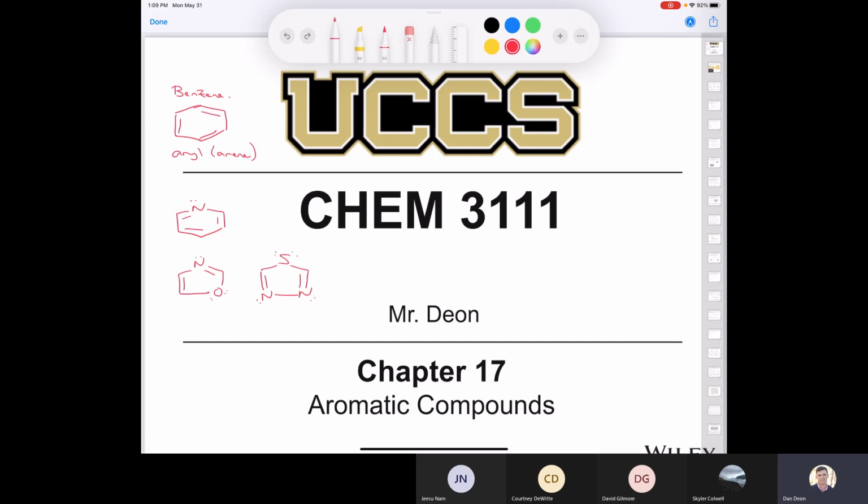Another interesting thing about aromatic compounds is that the name aromatic would imply that they have some kind of fragrant odor. The book goes into a little bit of detail about this, but the first truly aromatic compounds that were isolated did come from tree balsams and saps or resins, and they probably did have fragrant odors.